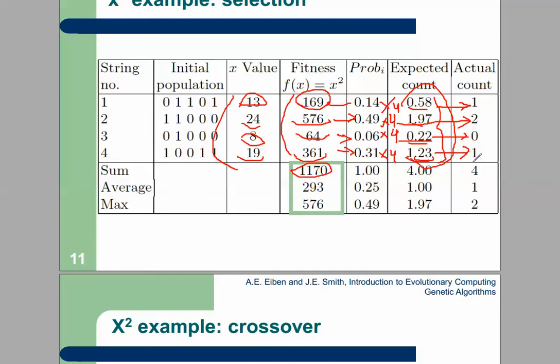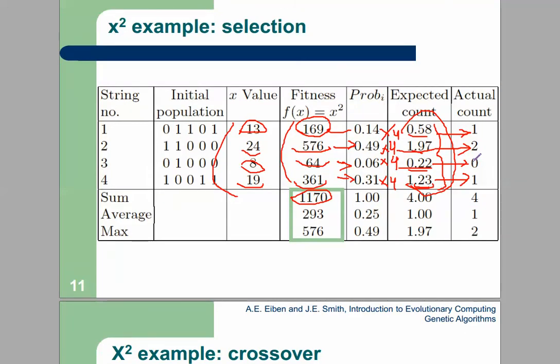It means in the next generation, if you use fitness based random selection, the combination of fitness and random selection, you may have one element of this individual, two elements of this, it is 13, two elements of 24.